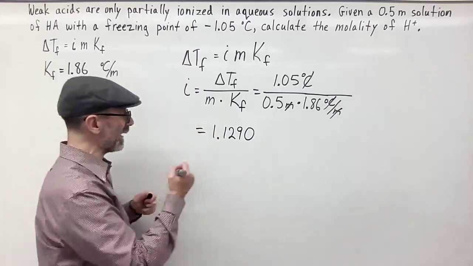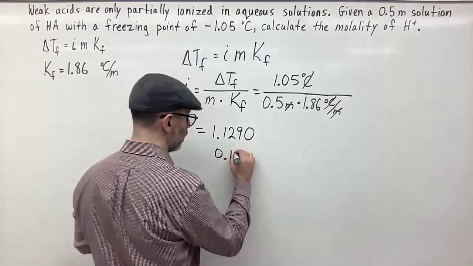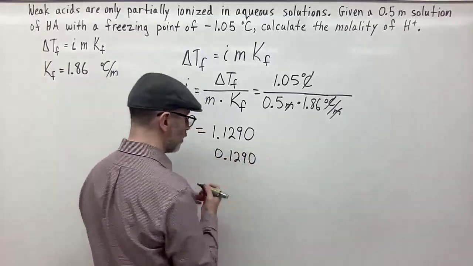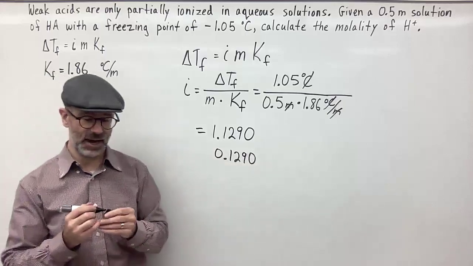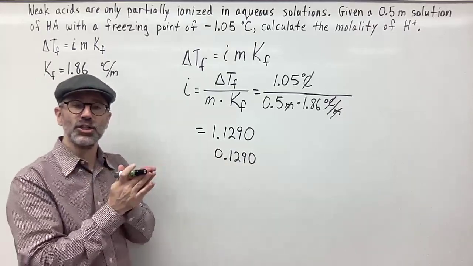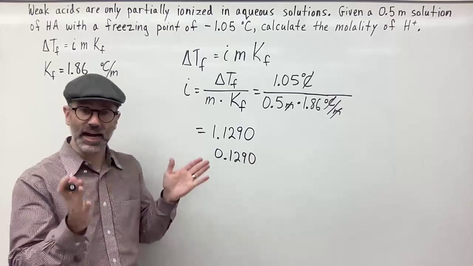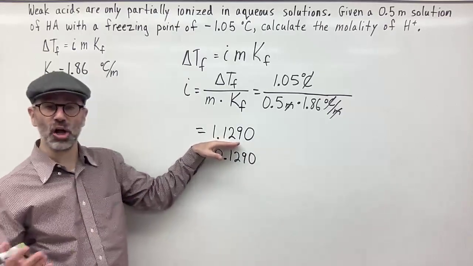That means we gained 0.1290 amount. That has to be due to the fact that that's the amount that had dissociated, or in this case, ionized in water. So if it didn't ionize at all, it should be 1.